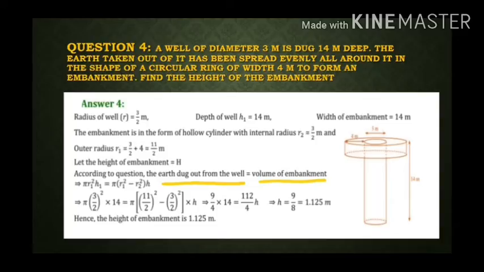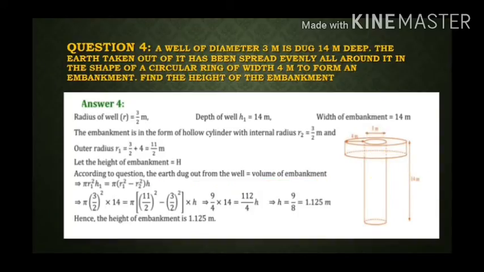The earth dug out from the well, that means from this position, is simply in cylindrical form. That means the volume will be pi r1 square h1, where r1 is equal to 3 by 2 and h1 is equal to 14 meter. Okay.